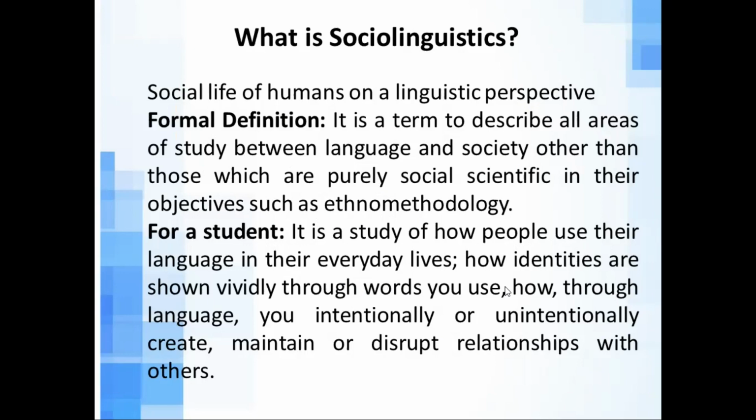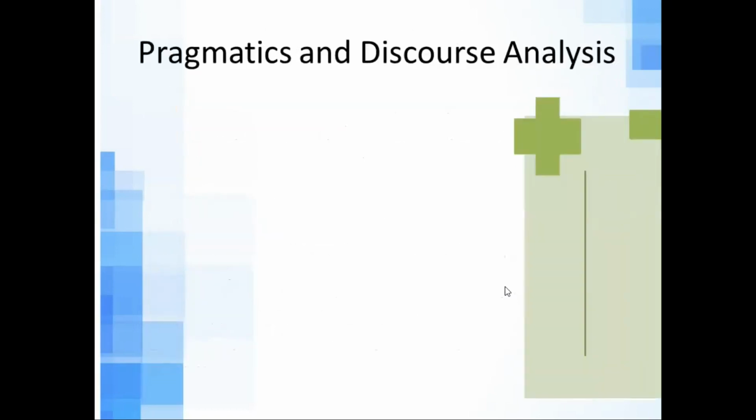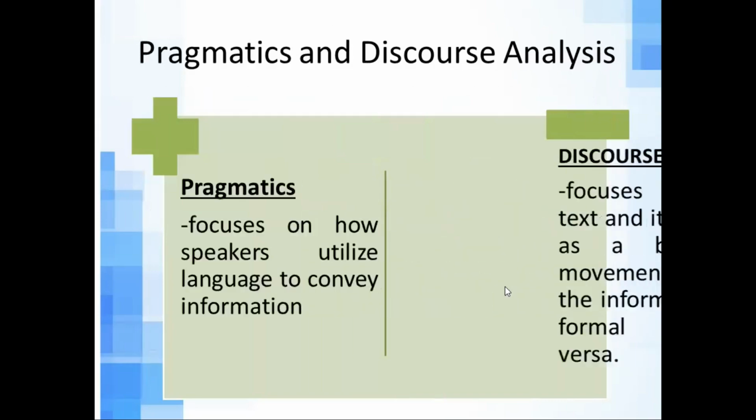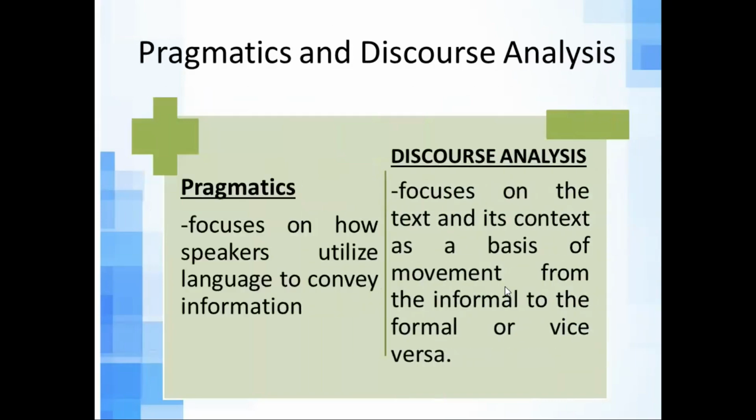Okay, so other than sociolinguistics, guys, we also have to know the idea, at least, of pragmatics and discourse analysis. The two other areas of linguistics are pragmatics and discourse analysis. Pragmatics, guys, focuses on how speakers utilize language to convey information.